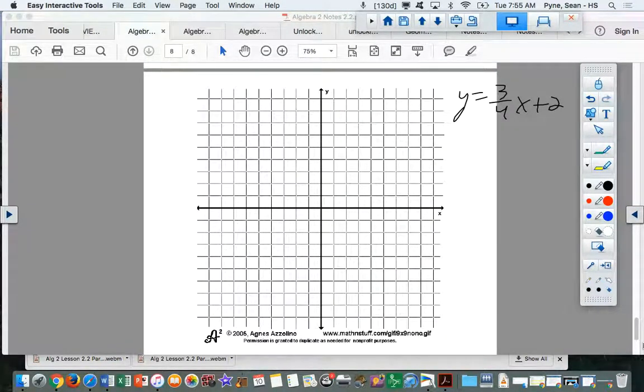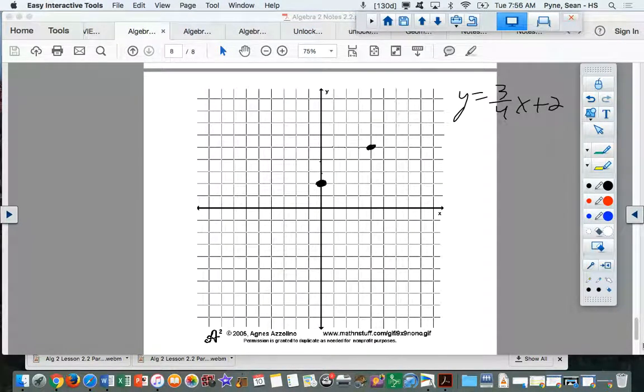Who remembers how to graph this? Yes, Hope. We start at 2. So you go up 2, and I plot a point. That is my y-intercept. Okay? So I'm at 2. Now what? Go up 3 and over 4. 1, 2, 3, and to the right 4. 1, 2, 3, 4.